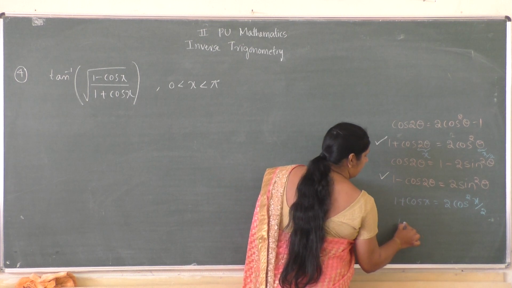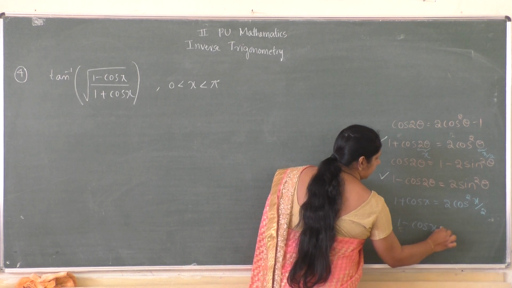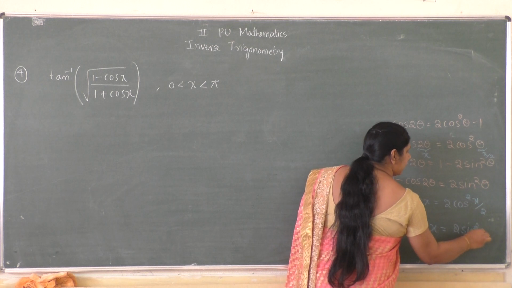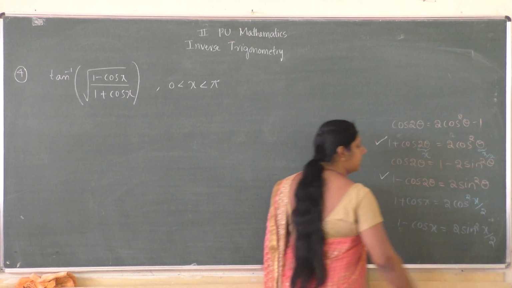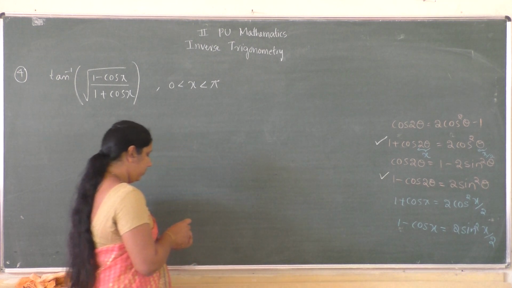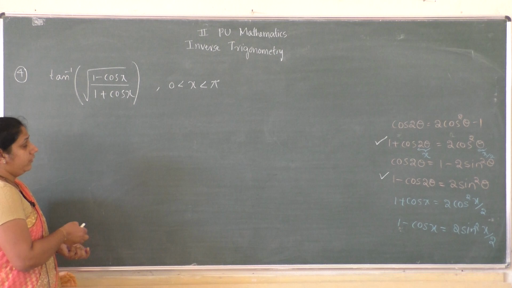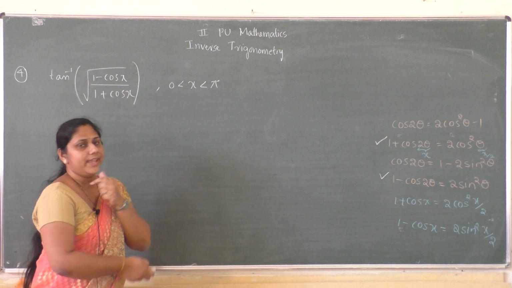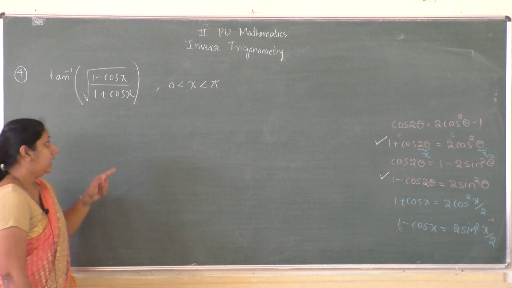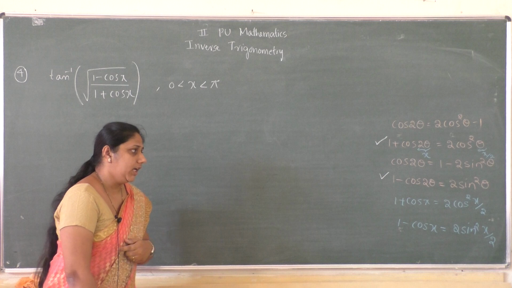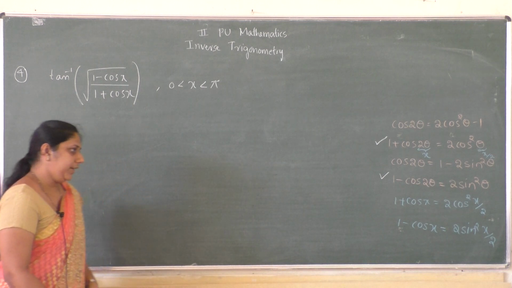Similarly, 1 minus cos x equal to 2 sin square x by 2. So in the place of 1 minus cos x we write 2 sin square x by 2, and in the place of 1 plus cos x we write 2 cos square x by 2.